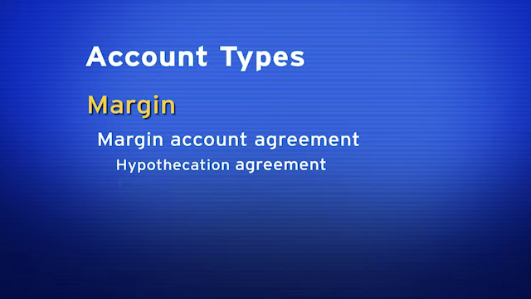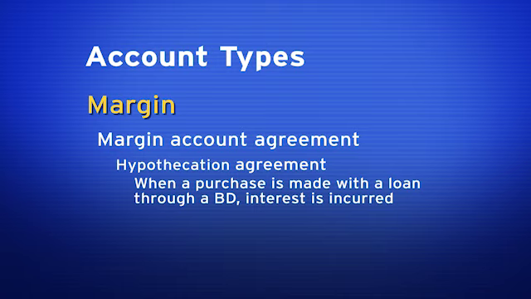When a client buys stock in a margin account using money borrowed from the broker-dealer, they're going to have to pay margin interest on that loan. The credit agreement deals with the loan. Mr. Ms. Client, you're going to be borrowing money from us when you purchase in a margin account. We're going to charge you interest.